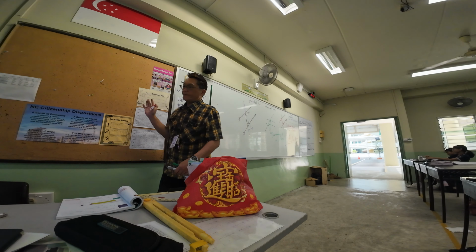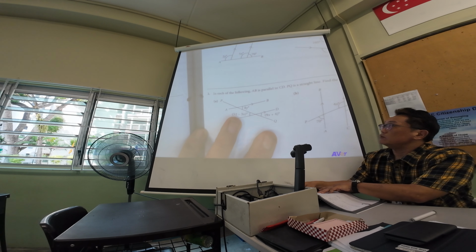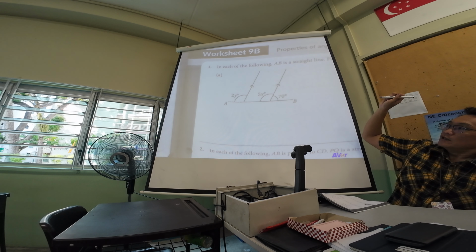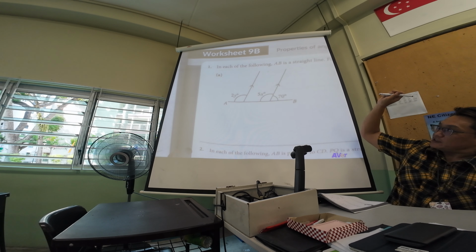Okay, workbook page 43. Question A. There are two parallel lines. So this AB is the transversal. It cuts these two parallel lines.